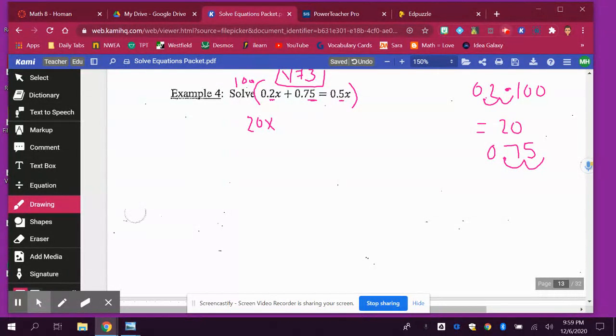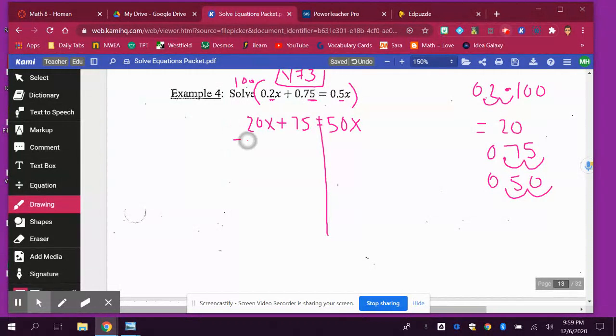I get 75. And 0.5, 2 spaces to the right, I get 50. So now I don't have pesky decimals to worry about. I can solve with these whole numbers.